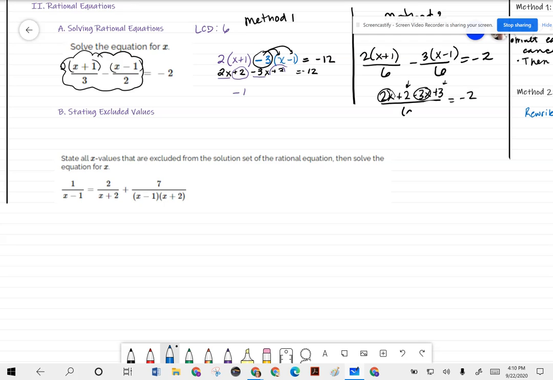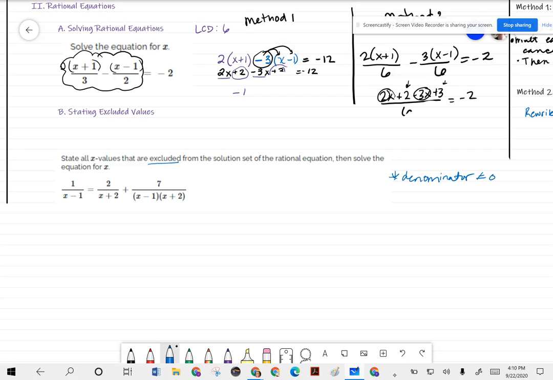Well, this is a perfect opportunity for us right now, because in order for you to find the excluded values, you have to have your denominator in factored form. So you are looking in your denominator, you've set your denominator equal to 0. Or rather, not equal to 0, because you can't divide by 0.